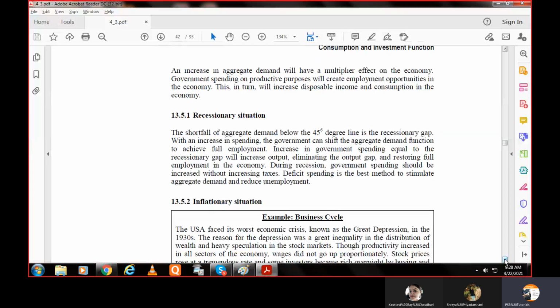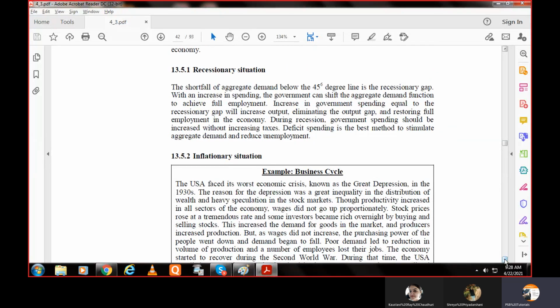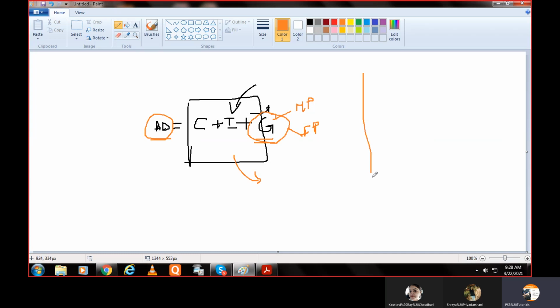Fine. Now, recessionary situations. Recessionary situation means what? We have discussed that if this is the business cycle, this situation is the recessionary situation. You can observe there is a decline in demand.